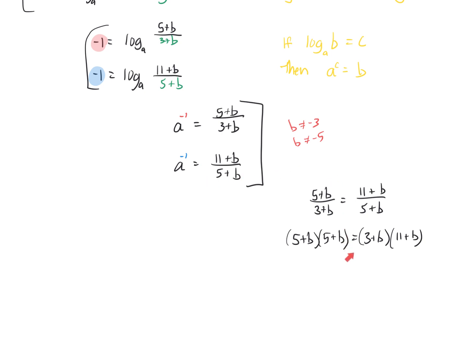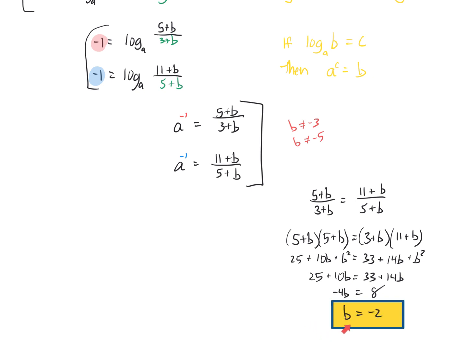Anyway, let's keep on solving over here. So b is -2. Therefore, what is a? So a to the -1 power is 3. Therefore, a is a third.